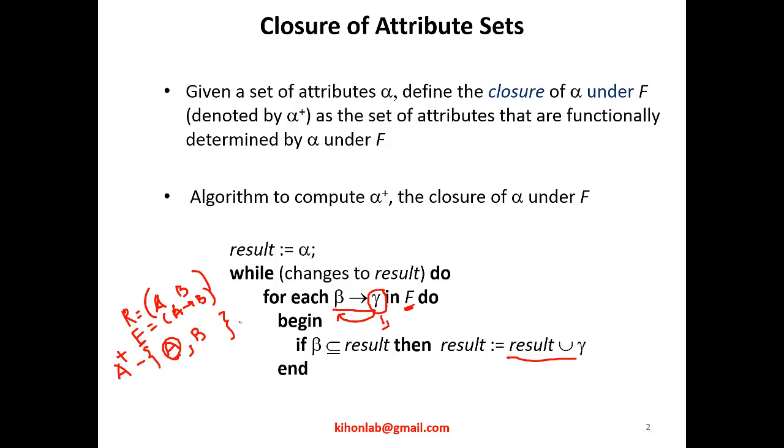Now here in our case beta, that is A, is a subset of the result. Result is nothing but the attribute closure of a particular attribute. So A is my attribute and closure means whatever functional dependencies are present in the functional dependency set, as well as the logically implied dependencies that are not present in F. You have to derive them from the Armstrong axioms rules, that is transitivity, augmentation, pseudo transitivity, union, and decomposition.